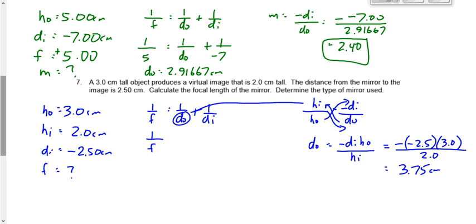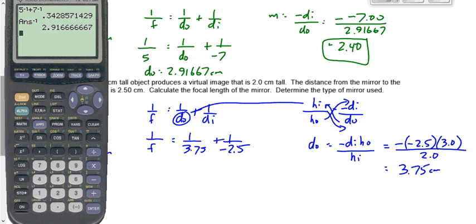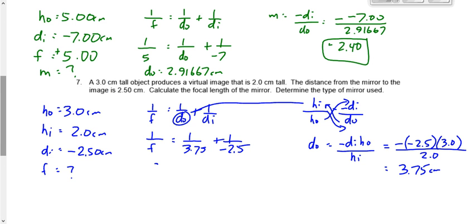All right, so 1 over F is equal to 1 over 3.75 plus 1 over negative 2.5. 1 over 3.75, subtract 1 over 2.5, or I could have added 1 over negative 2.5. Flip that over, we get a value for F of negative 7.5.